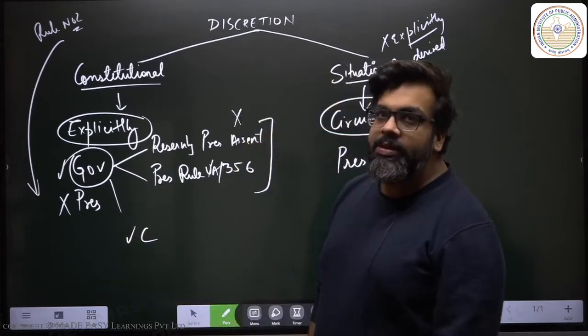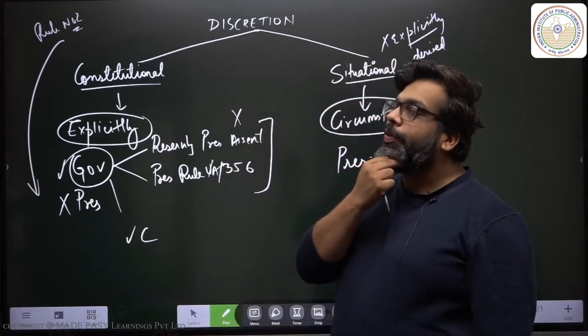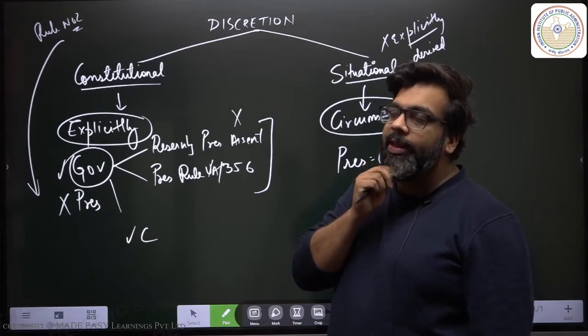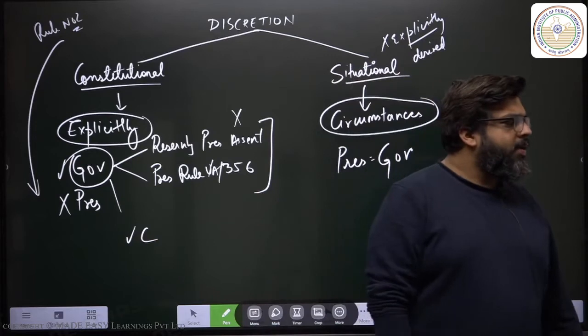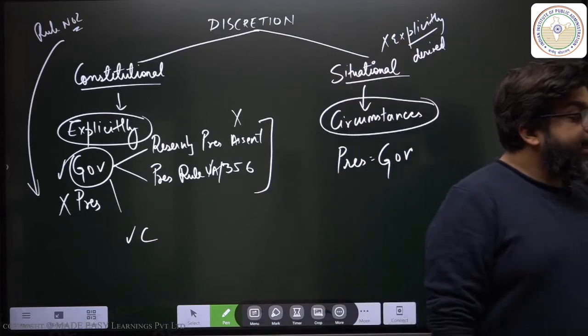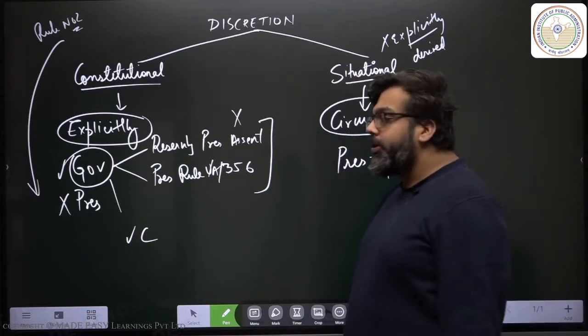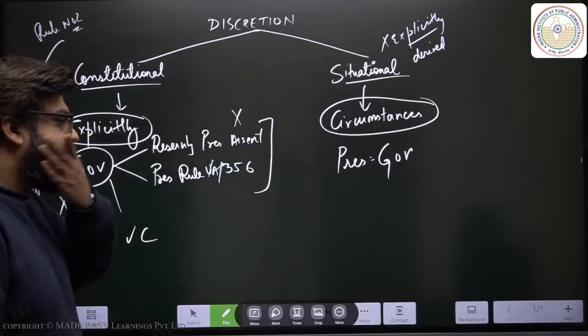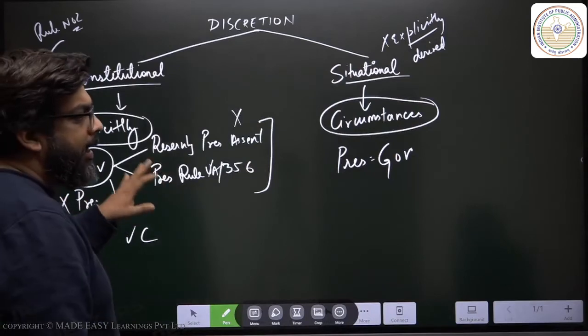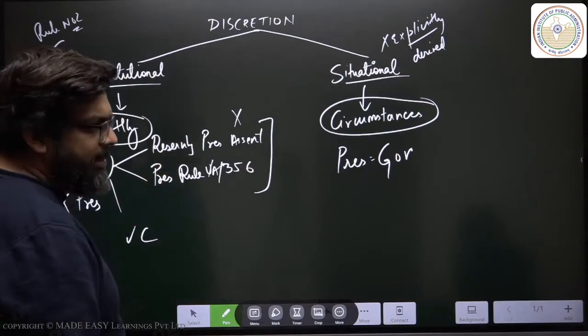If the center wants the governor to make a report on the breakdown of machinery, which can be grounds enough for presidential rule, in all likelihood, the governor is going to make such a report, is going to recommend something like this to the center. So therefore, it is certainly a matter of understanding.